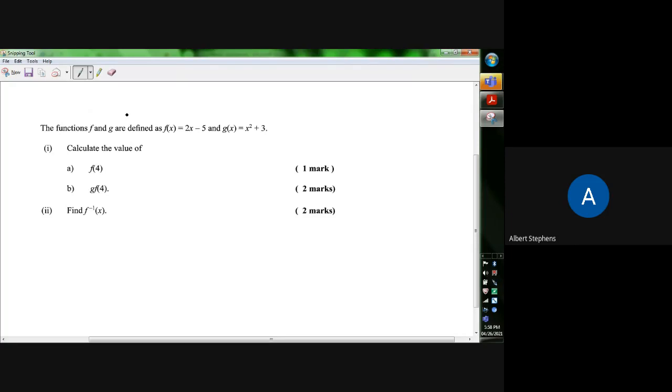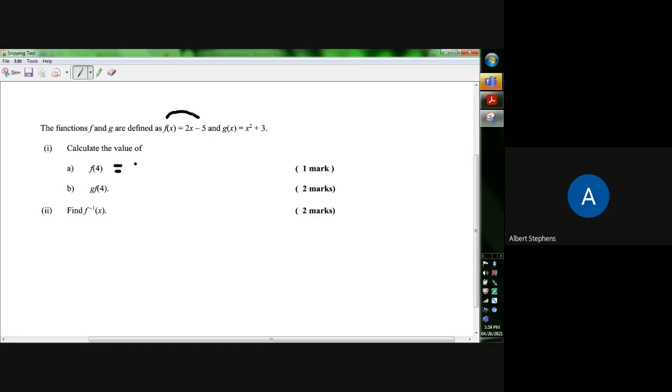All right. So it says we're given two functions, f and g. It says calculate the value of f(4). To calculate the value of f(4) is very simple. All we need to do is locate which function they're talking about. They're talking about the f function, which is this.